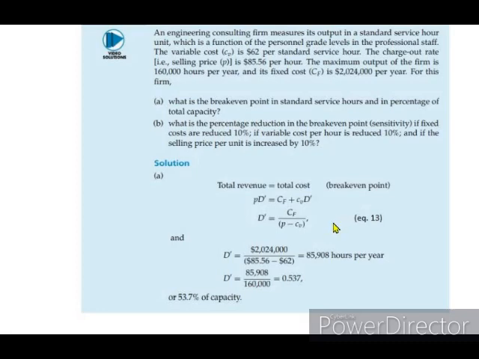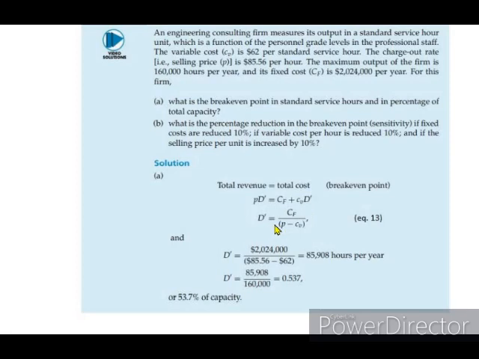For the solution, we will use equation 13, the break-even point equation. Here, the total revenue is equal to the total cost. So the price times the demand is equal to C sub F plus C sub U times the demand.